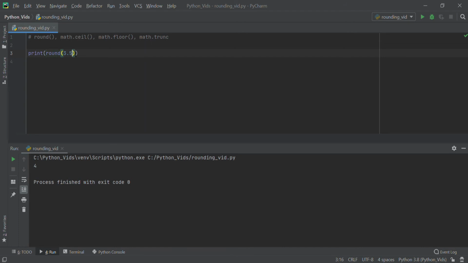And this time, let's do 4.5. So if we print round 4.5, it also gives us 4. Okay, well, it's also giving us 4. Well, it seems like it's rounding down 4.5, but when we rounded 3.5, it rounded to 4, and when we round 4.5, it rounds to 4. Well, what's going on here?